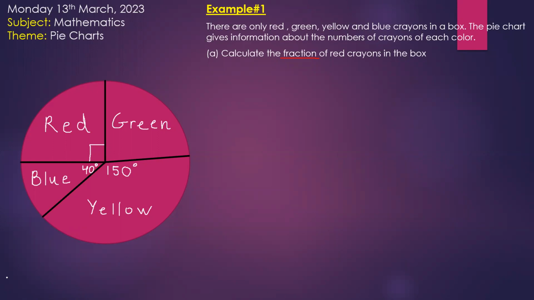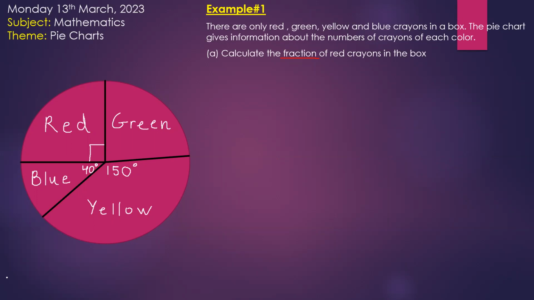Nope, that's not what it said. It didn't say it's 90 crayons in a box, but it says 90 degrees.